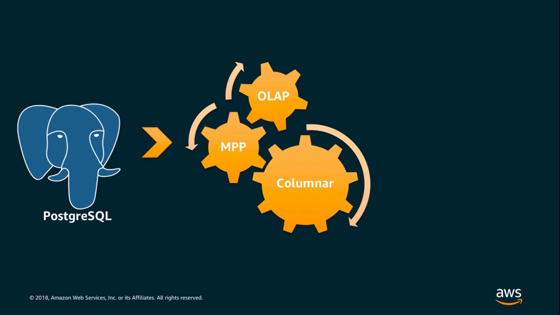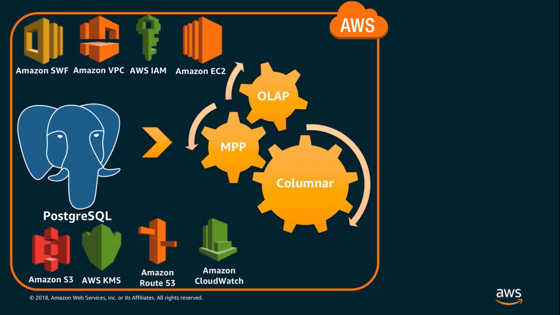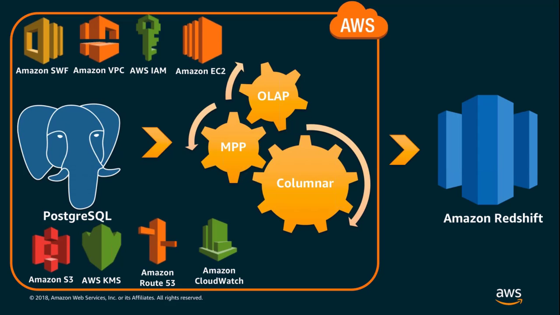We also then added a lot of OLAP functionality, think windowing functions, approximate functions, and that sort of thing. We wrapped all of this up in the AWS ecosystem. So this is integration with S3, our IAM for authentication, KMS for full data encryption. And it really is the combination of all of these things that make Redshift what it is.